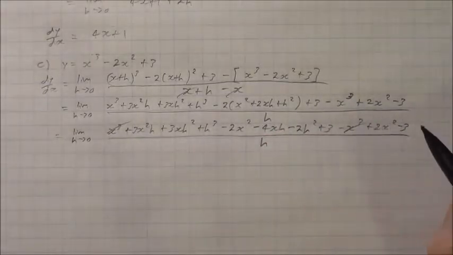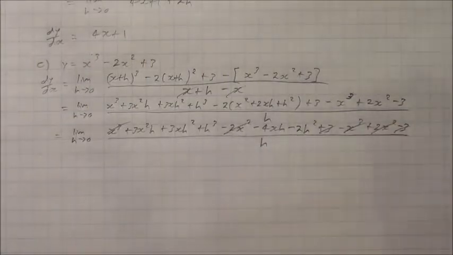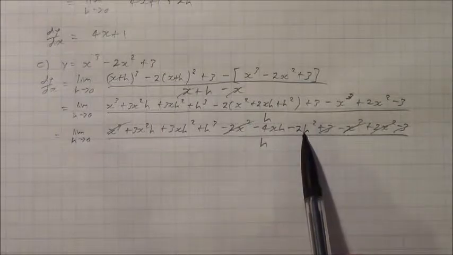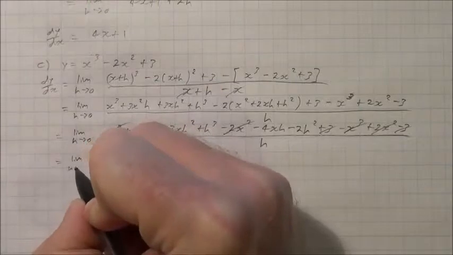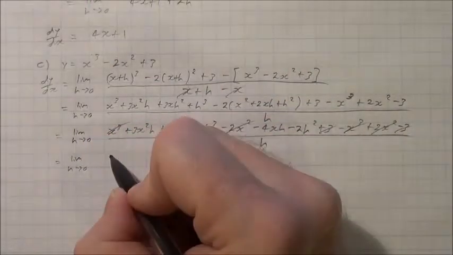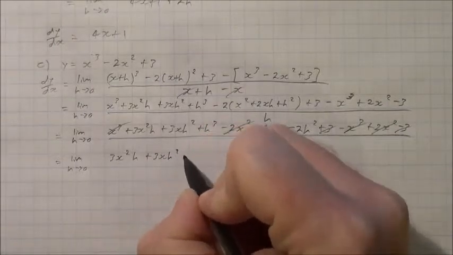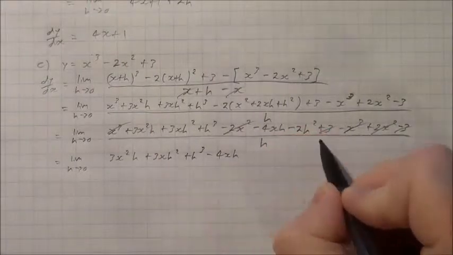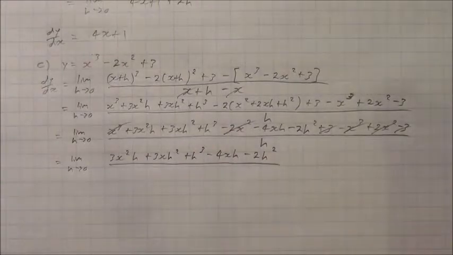And now I'll begin to do some of this cancelling here. x cubed minus x cubed, negative 3 plus 3, 2x squared minus 2x squared. And every other term has an h in it, which is good. And so just write that out, 3x squared h plus 3xh squared plus h cubed minus 4xh minus 2h squared, all over h.